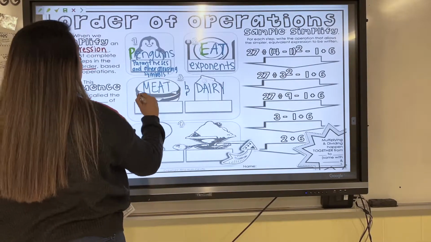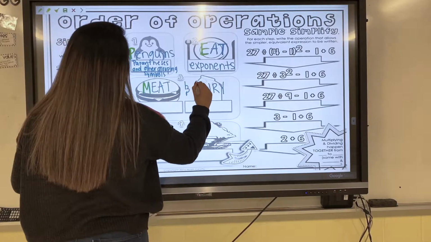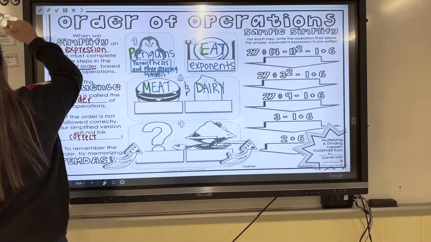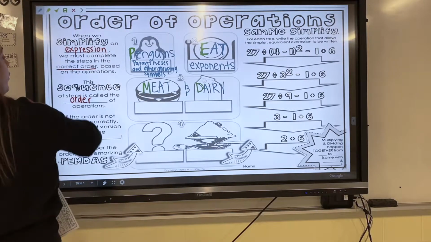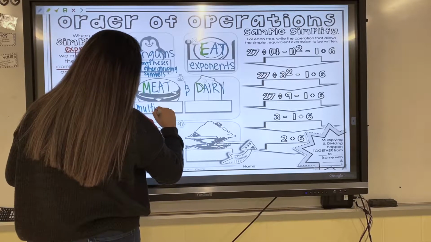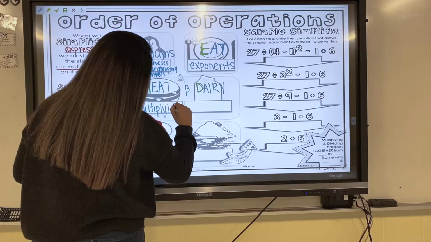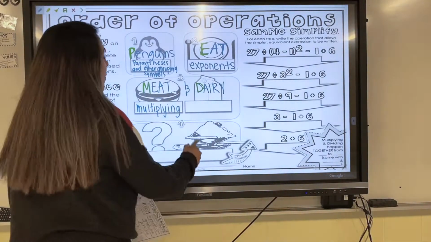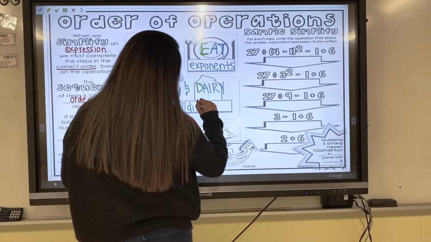So penguins eat meat and dairy. So these two are together, okay? So the M represents multiplying. And the D, you guessed it, represents dividing.